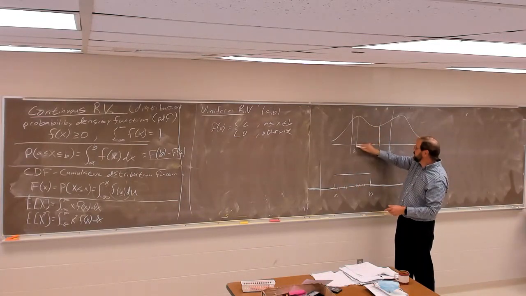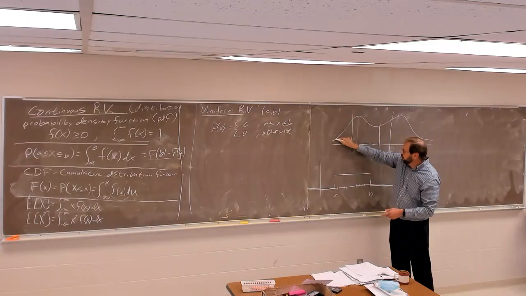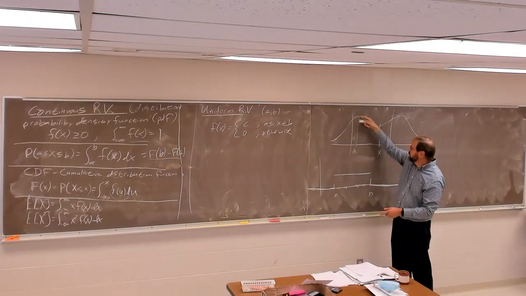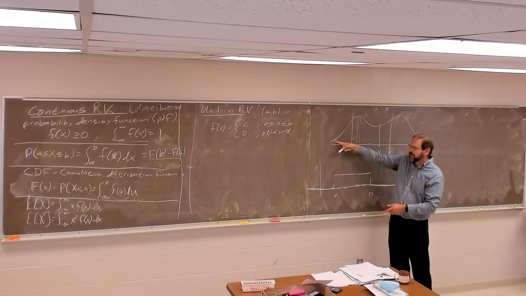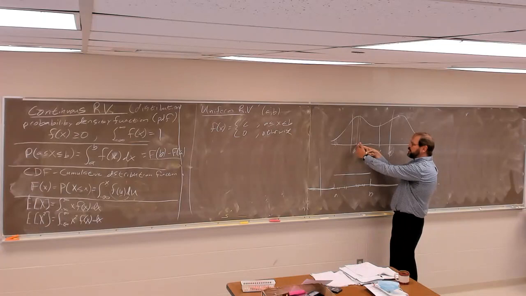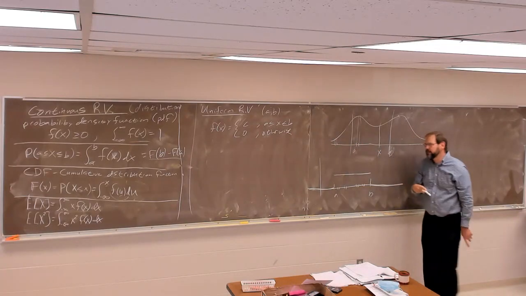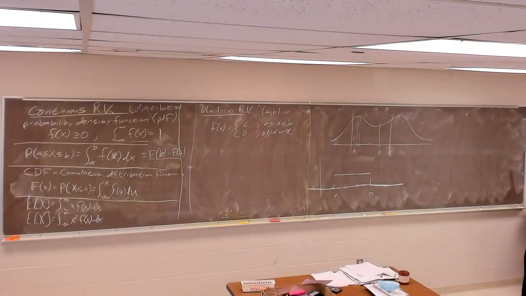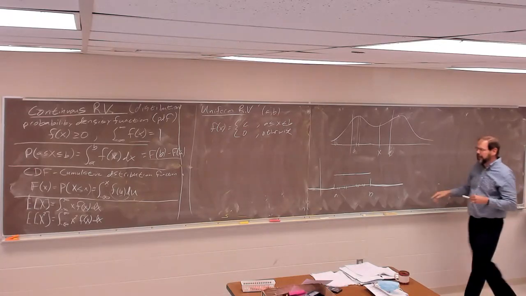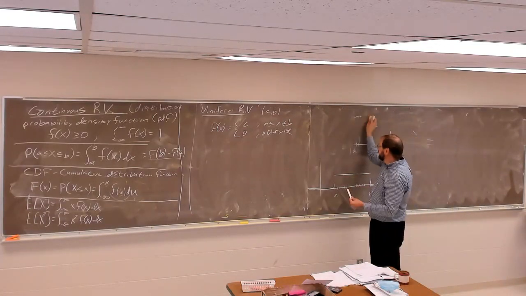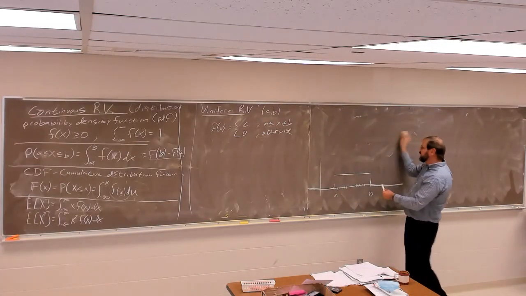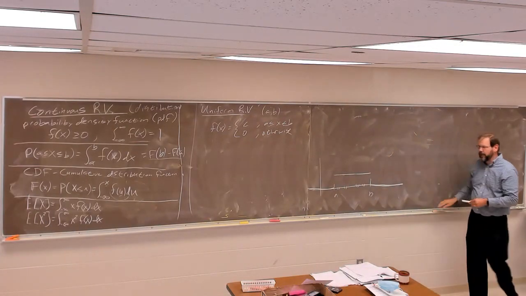Compare this here to this here, and I'll say this is probably about 5 times as high as this, therefore it's 5 times as likely I will end up in this region than that one. It's sort of the way that we can think about the probability density function. How much density ends up in that region. Okay. So uniform, everything's identical, so I'm equally likely to end up anywhere.